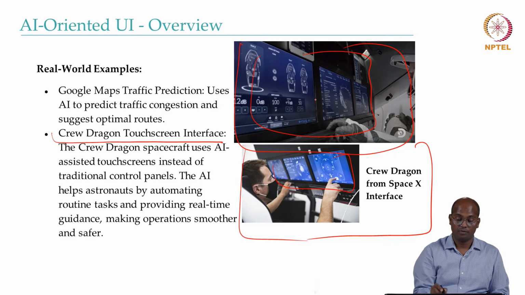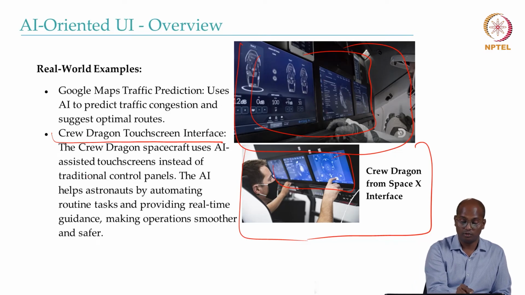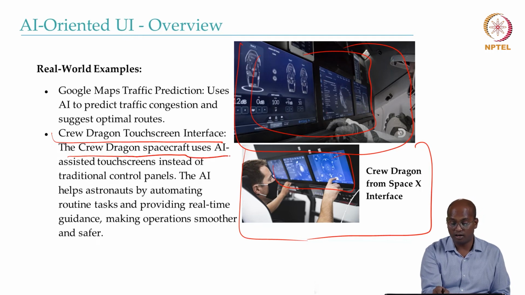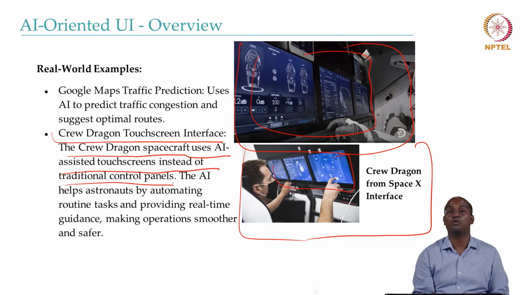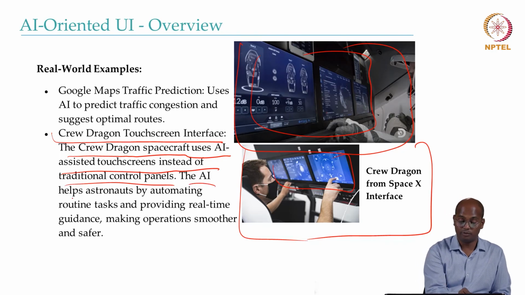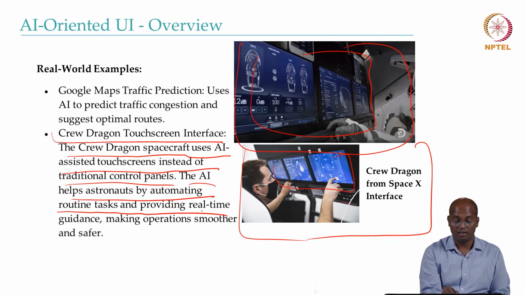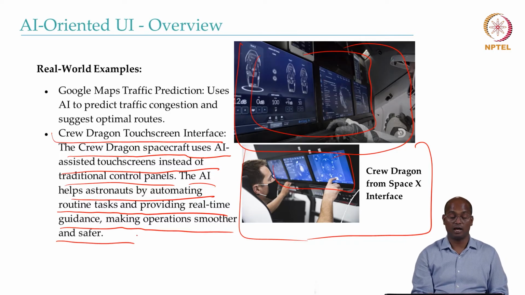There are different touch points, as you can see here, through which they can manage it. The Crew Dragon spacecraft uses an AI assisted touchscreen instead of traditional control panels. The AI helps astronauts by automating routine tasks and providing real-time guidance, making operations smoother and safer.